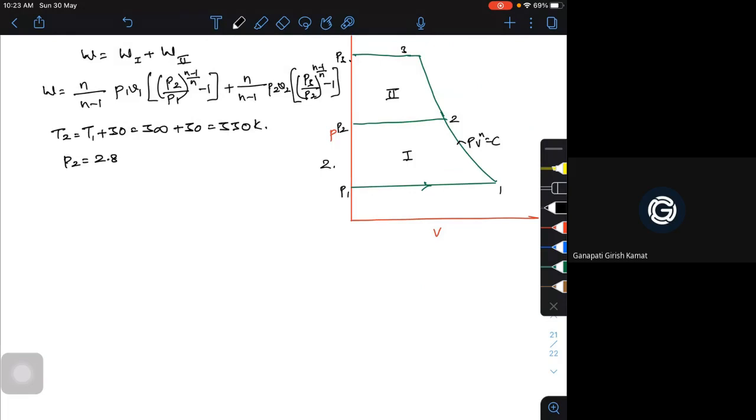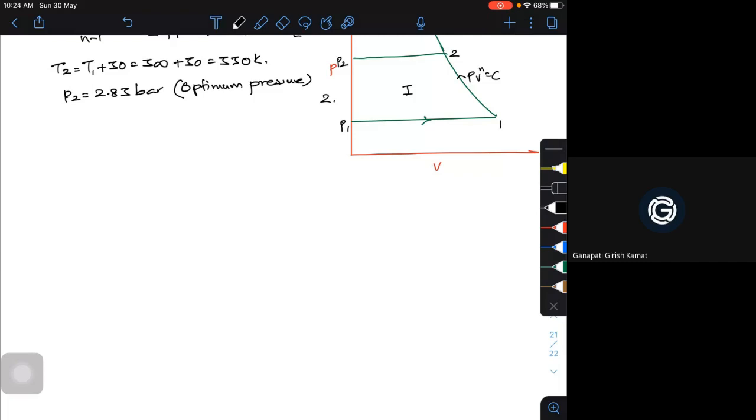My optimum pressure is maintained. The pressure is still the same, but my temperature is increased to 330 Kelvin. So for this condition, I'm going to use P2 V2 is equal to MR T2.